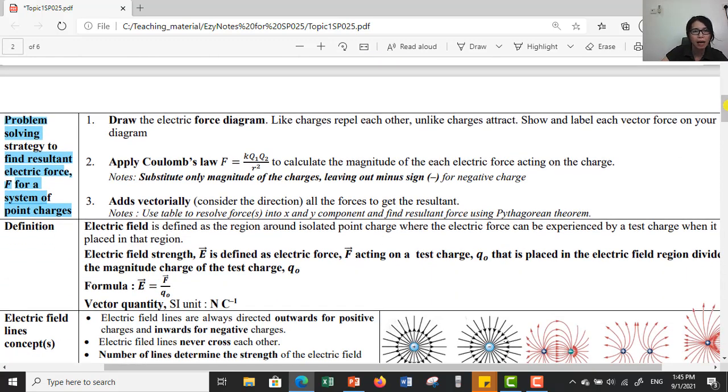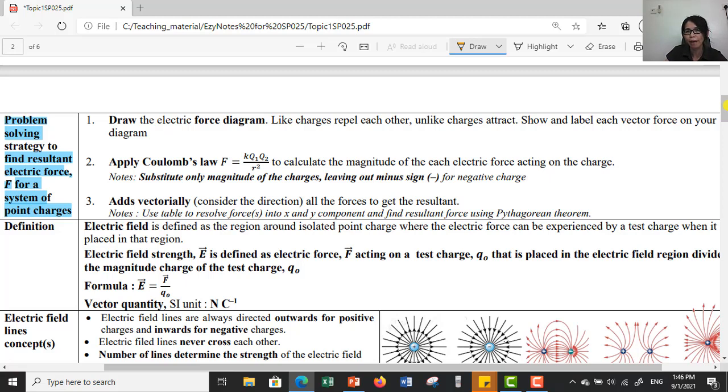So, first, selalunya bila kita nak cari total or the net electric force acting on a particular charge, first, we will draw the electric force diagram. Okay, first one, we will draw the electric force diagram. So, pegang kepada konsep, like charges will repel each other, unlike charges will attract each other.